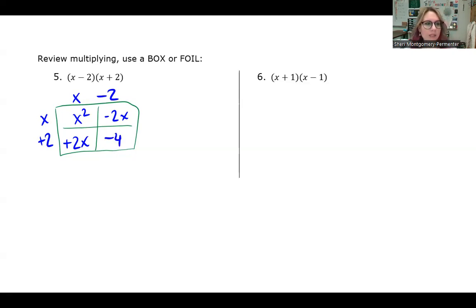Whenever you use a box, typically you can combine like terms diagonally. You just got to make sure they're alike. So we only have one x squared term. It's going to be by itself. We only have one constant. It will also be by itself, but we have two x terms.